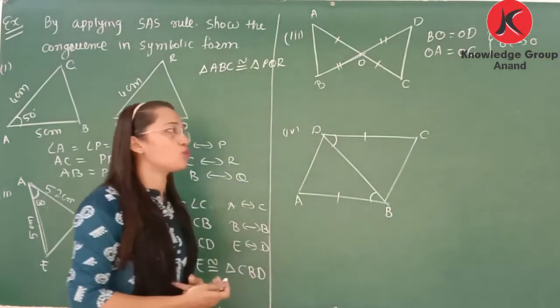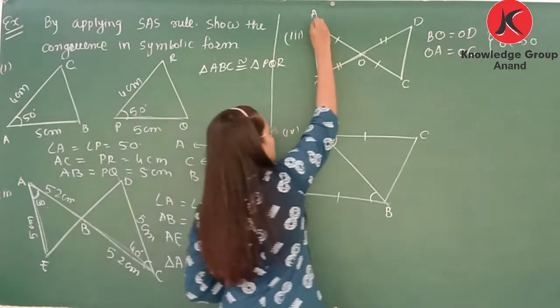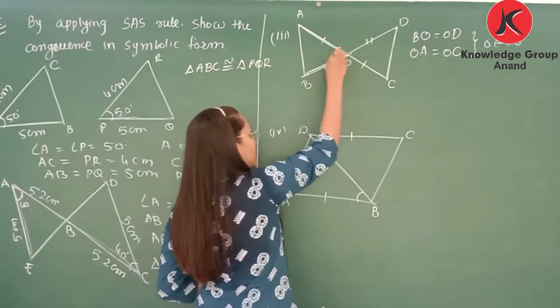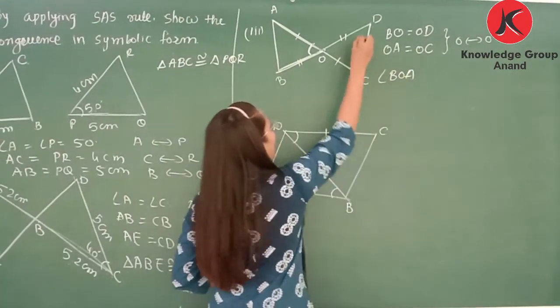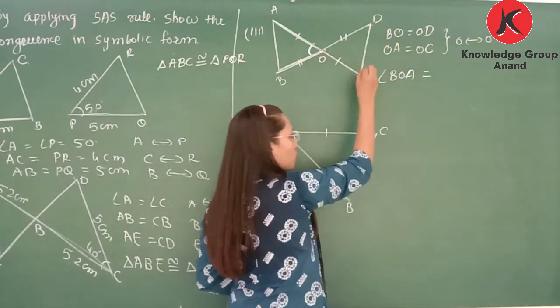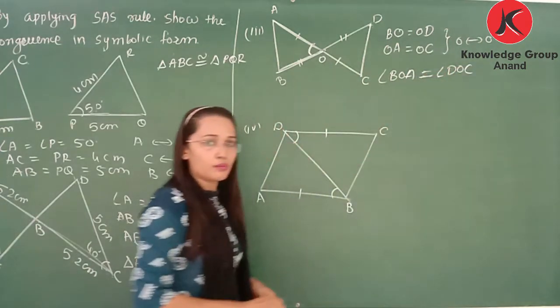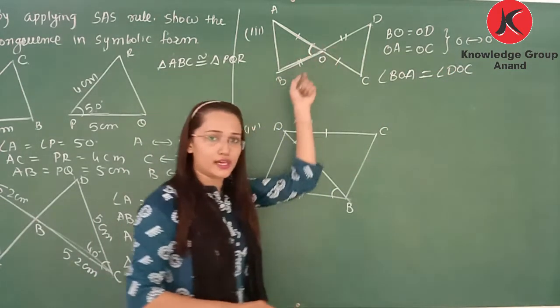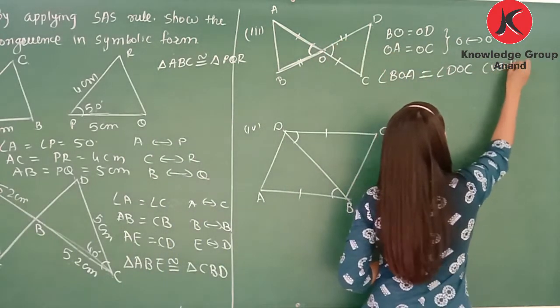Then how can we show that the included angle is also equal? If we consider these two sides, then the included angles are BOA and BOC. I write here equal to. Why? Because vertically opposite angles are equal. Reason is what?